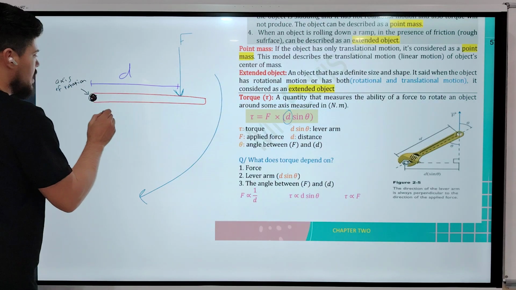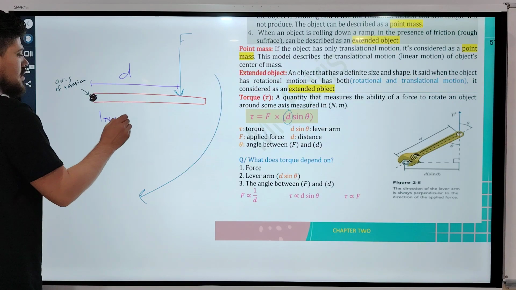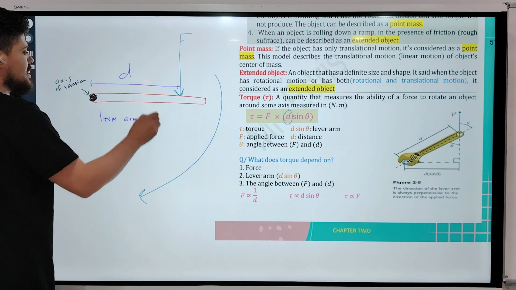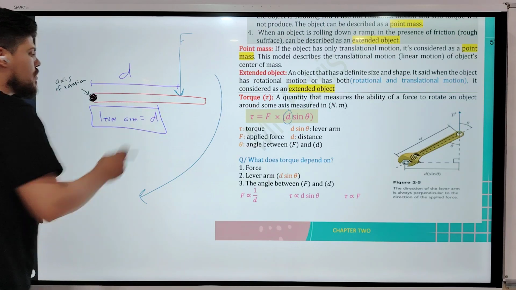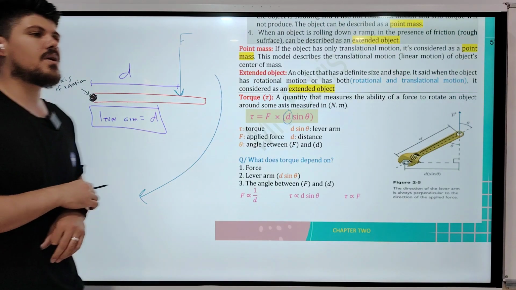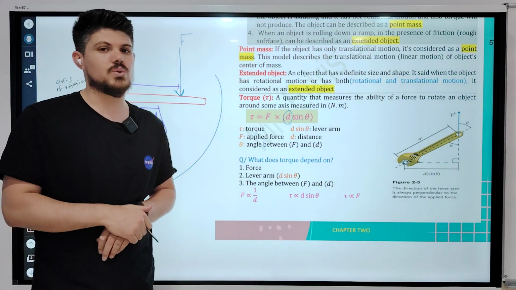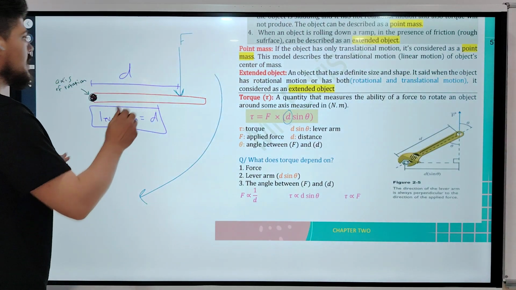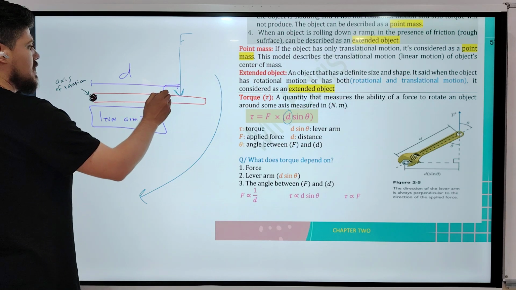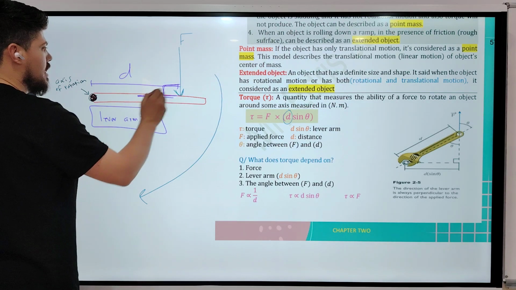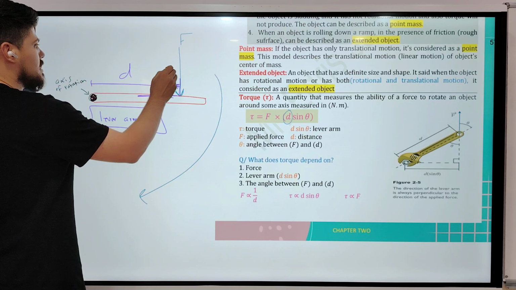So in that case, lever arm is equal to D. When is lever arm equal to D? When the force is applied perpendicular to the distance. Look, the angle between the force and D is 90 degrees.